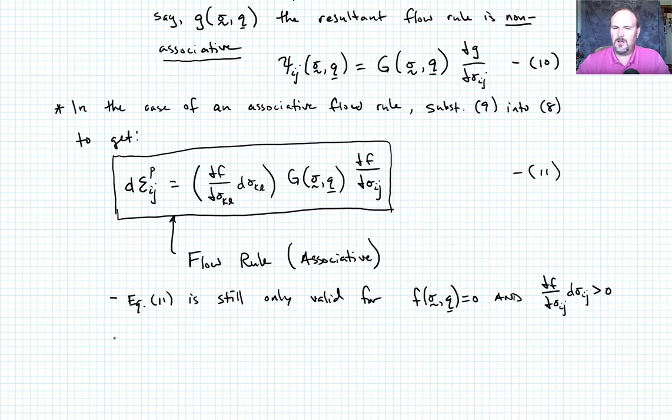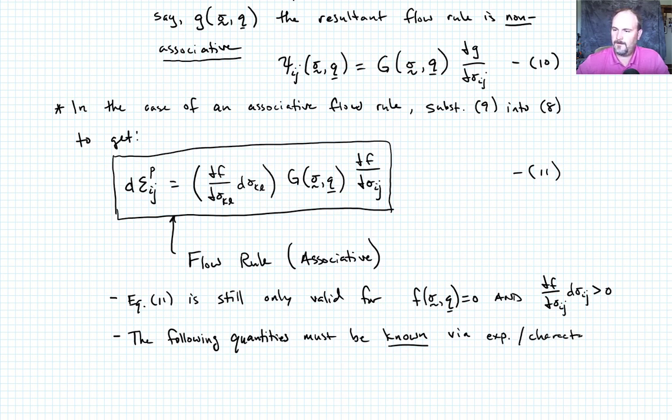Okay, and I want to remind you also that the following quantities need to be known. They're not computed. We're not trying to determine them, or they don't have some sort of theoretical derivation. We have to know them from experiment. So the following quantities must be known via either experiment, characterization, or literature, if you like.